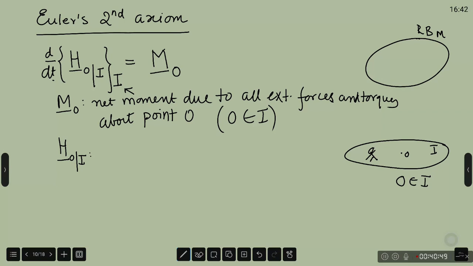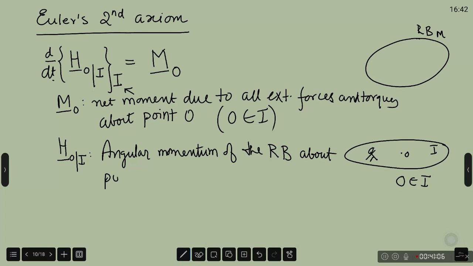HOI is the angular momentum of the RB about point O and with respect to frame I, where I is again an inertial reference frame.